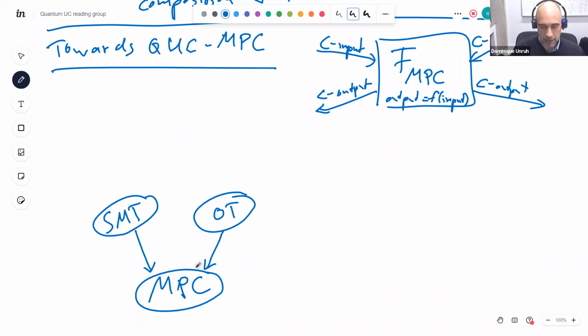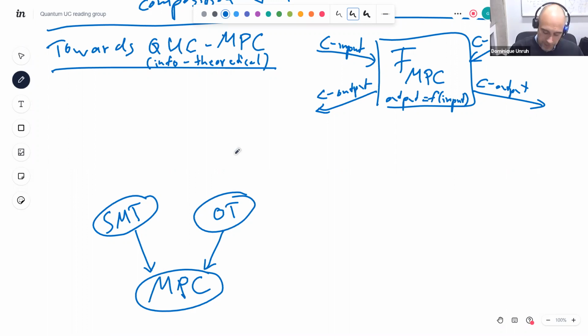So with a secure channel and with OT, we can implement, at least in the classical world, this goes already back to Kilian 81, multi-party computation. But in the quantum setting, we go a bit farther. I should say that I want this information theoretically secure. So this is already long known in the standalone model. It is also reasonably long known, I mean, 12 years in the UC model.